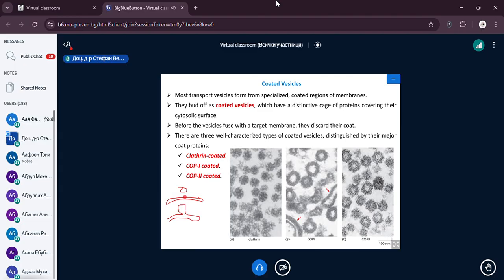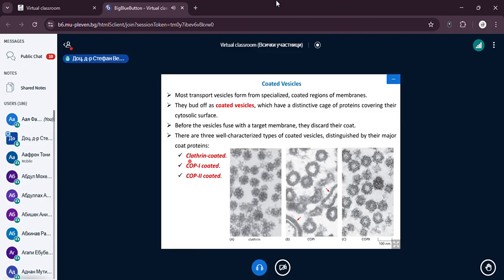In the process of the formation, the vesicle covers with a special protein coat, which is firmly attached to the surface of this vesicle and marks the vesicle. This protein coat establishes the type of vesicle, and based on the proteins which are located on the surface of these vesicles, we have 3 types of coated vesicles.